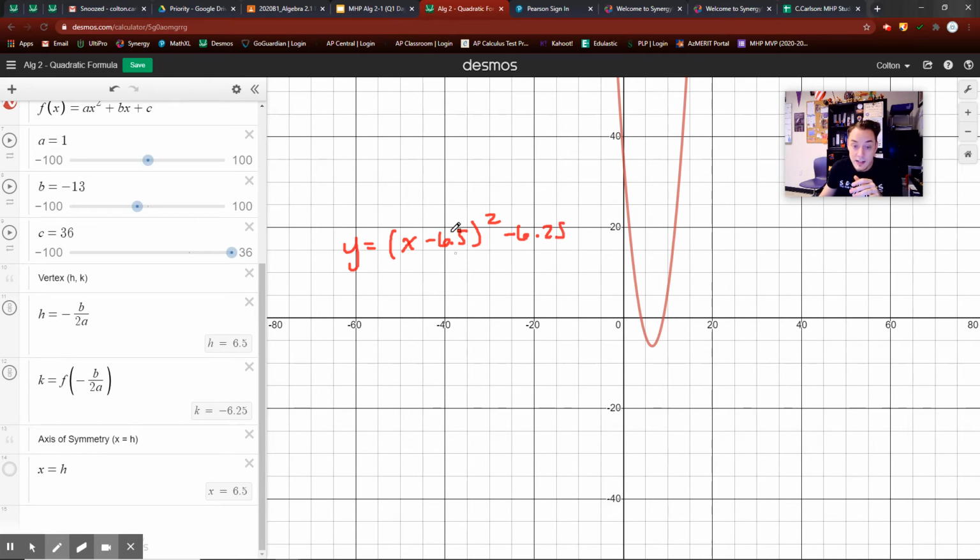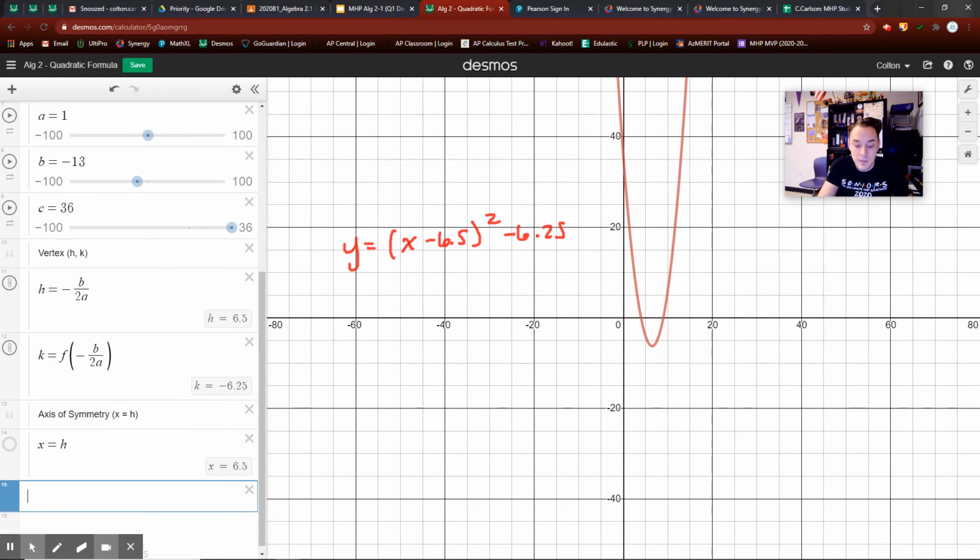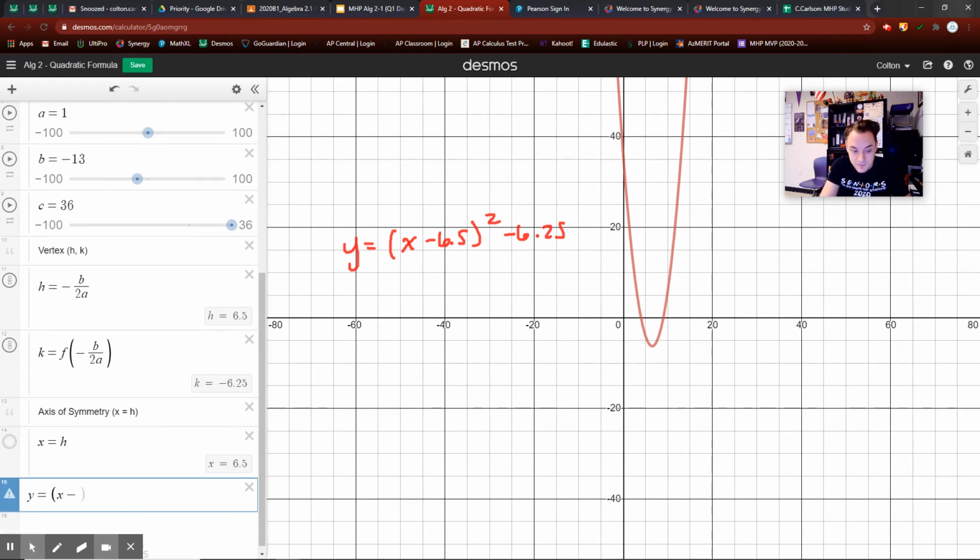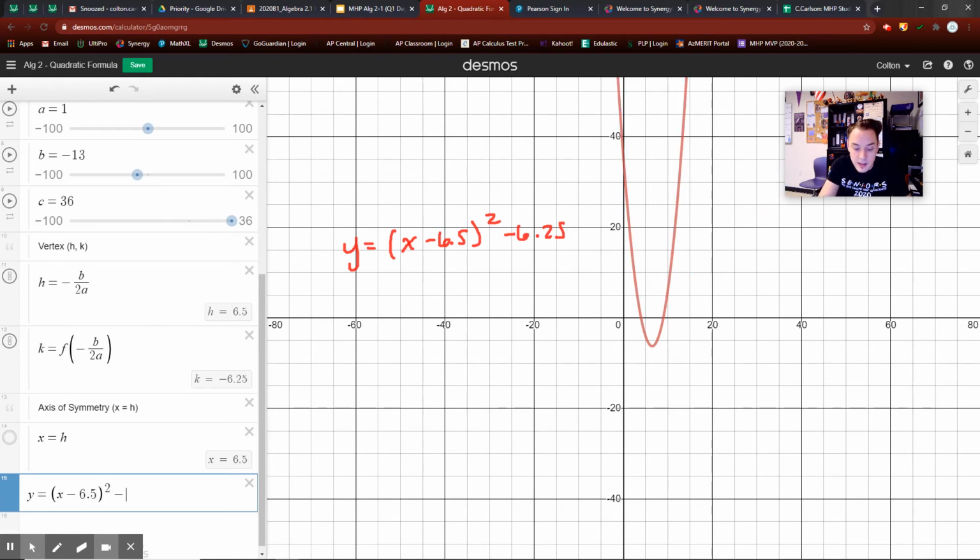If I graph that just as it is on Desmos, notice how I get the exact same equation. So you could put it in vertex form after you get your vertex, or you don't have to.